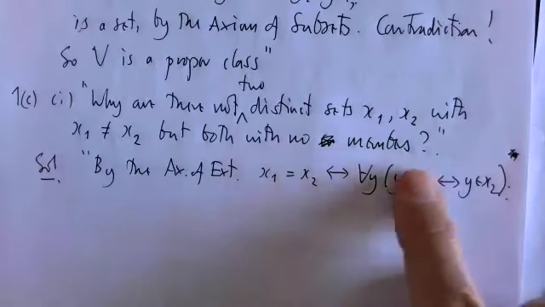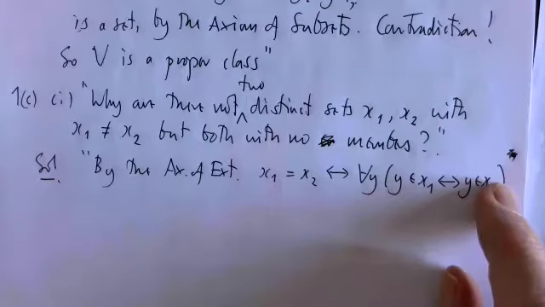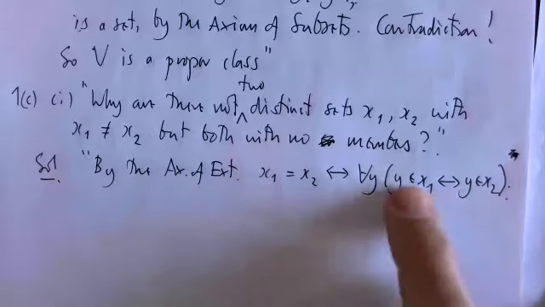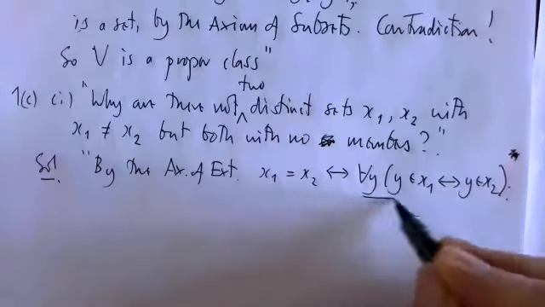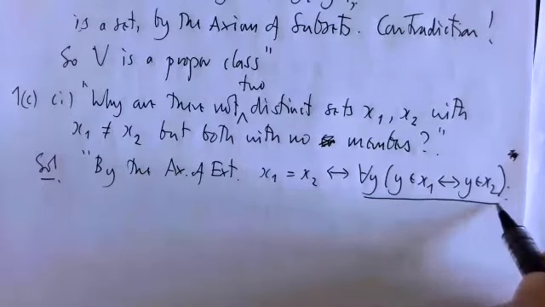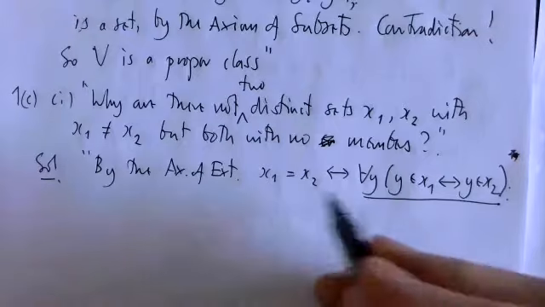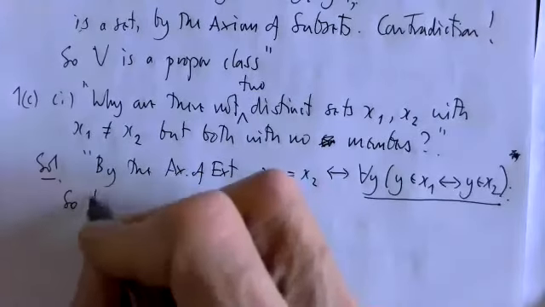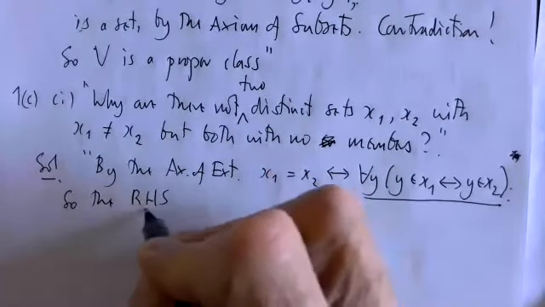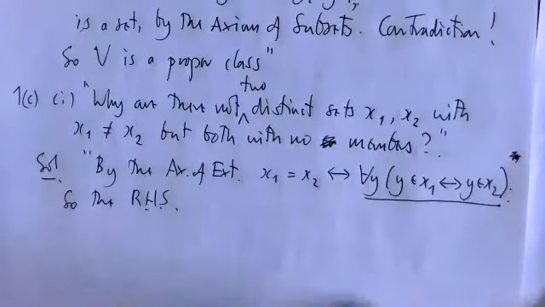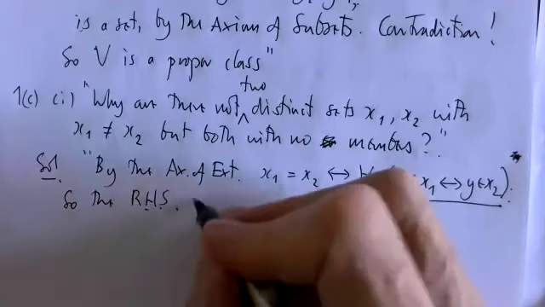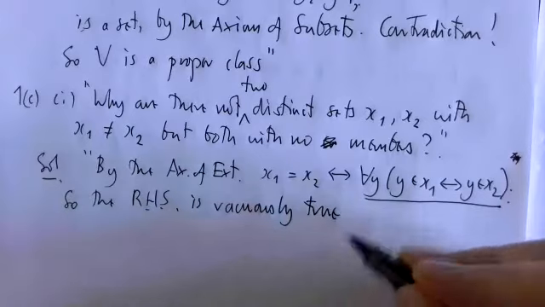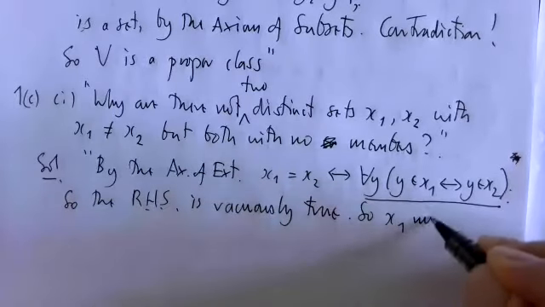So p implies q is always true. If the antecedent p is false, the implication p implies q is true. So these are always true, and in particular, for our two sets x1 and x2, this is true. So they're the same. The right-hand side here, and I don't mind if you just say RHS for right-hand side, is vacuously true. So x1 must equal x2.